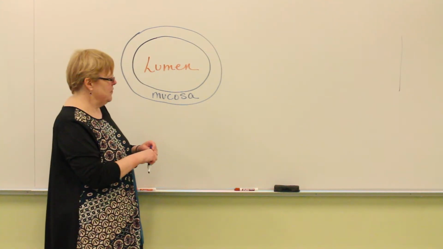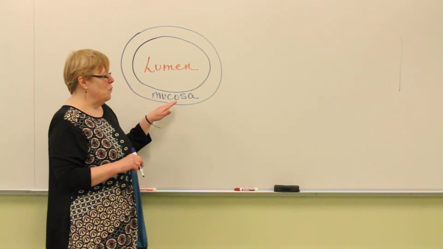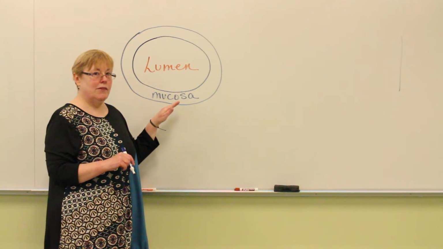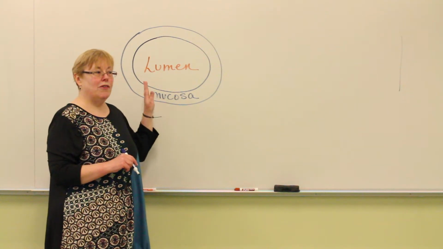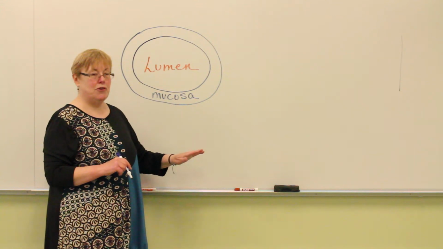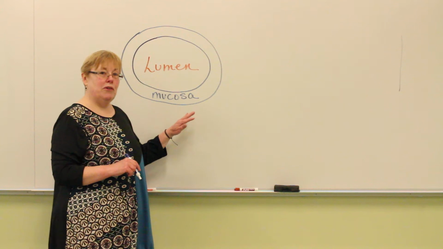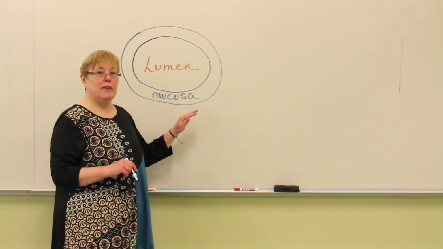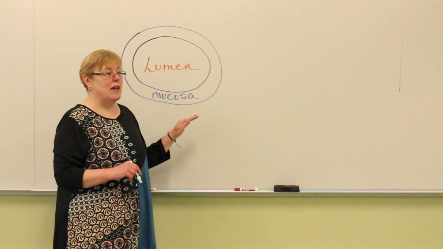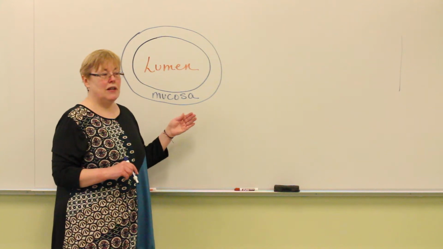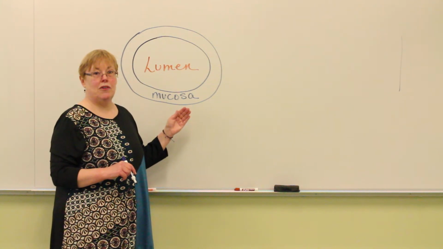Okay, and just a reminder that we have mucous membranes in the alimentary canal, so the entire length of the alimentary canal is going to be lined by mucous membranes, because mucous membranes are the type of epithelial membrane that we have in organs that are open to the outside.